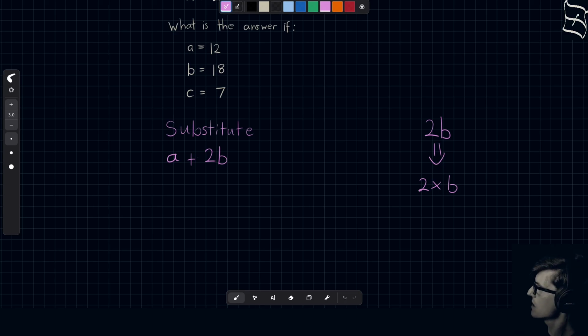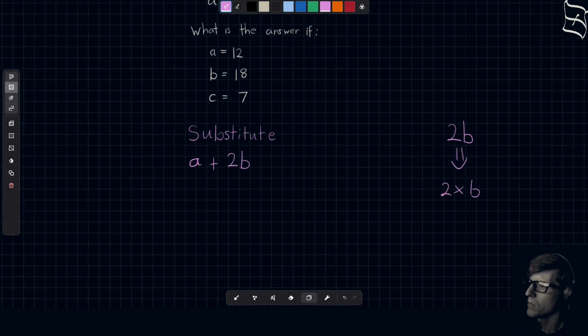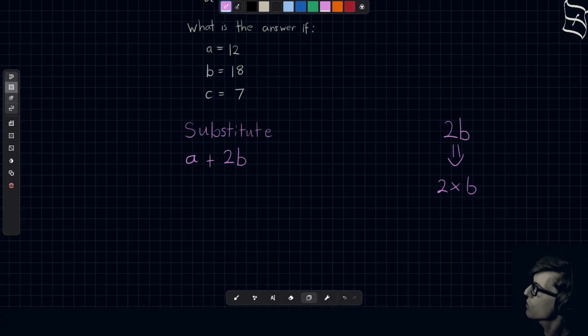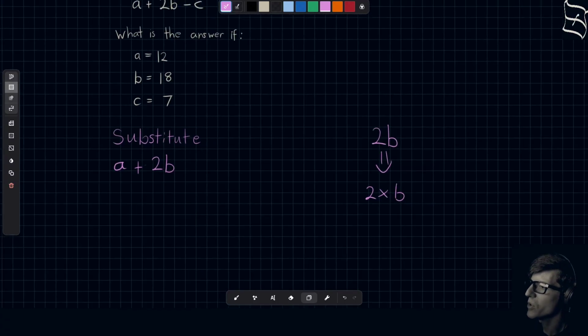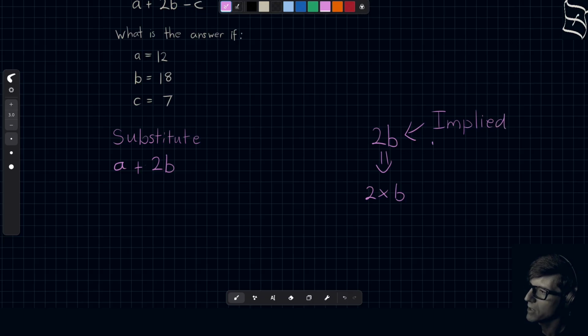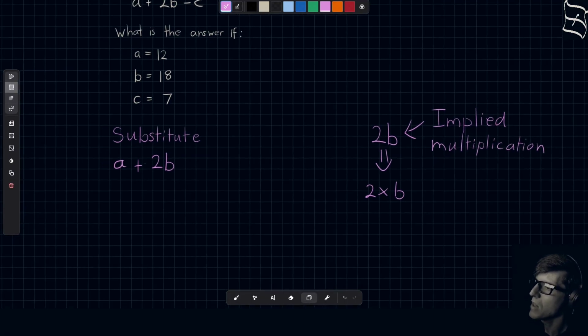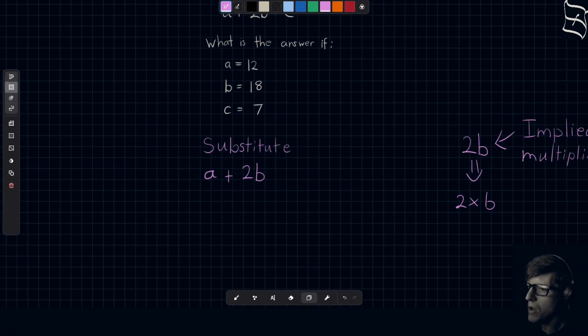So therefore we don't have to show the multiplication sign. It's called implied. This would be called implied multiplication.